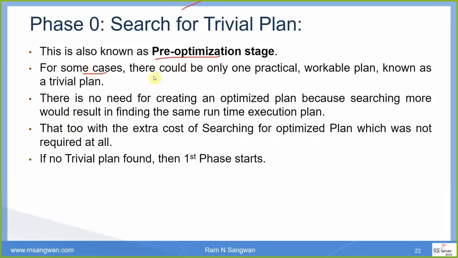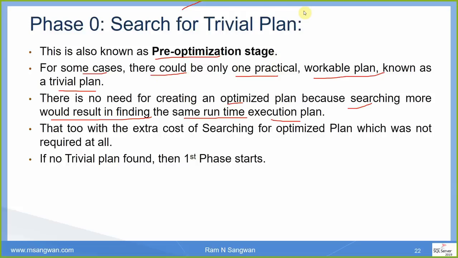For some cases, there could be only one practical workable plan, known as a trivial plan. There is no need for creating an optimized plan because searching more would result in finding the same runtime execution plan, meaning alternative plans. There are more plans, there's no point.